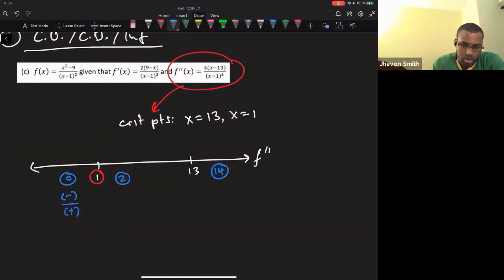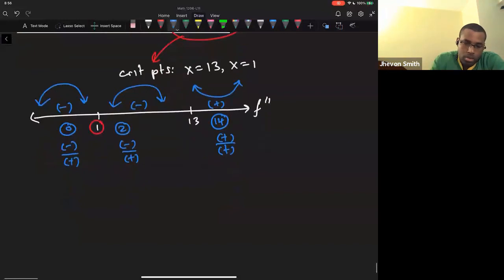The bottom is always positive because it's to the fourth. This is negative, it's concave down. If I plug in 2, it's a negative. Still concave down. If I plug in 14, that's positive.